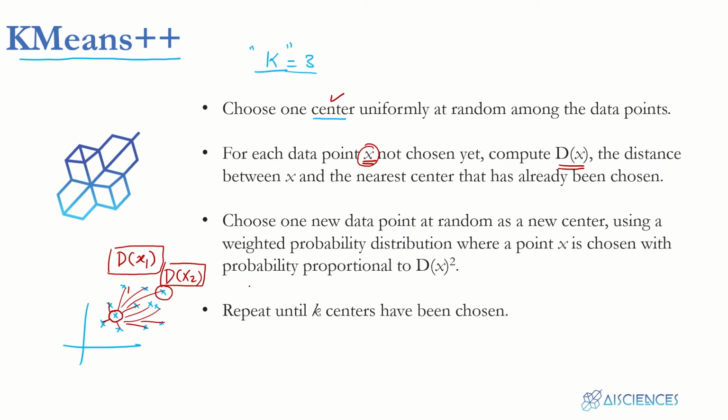And that probability distribution, as a heuristic that also has some statistical derivations, is proportional to the squared distance of this particular point. So if the point is far away from the already chosen point, if this is the distance, this is the squared distance.